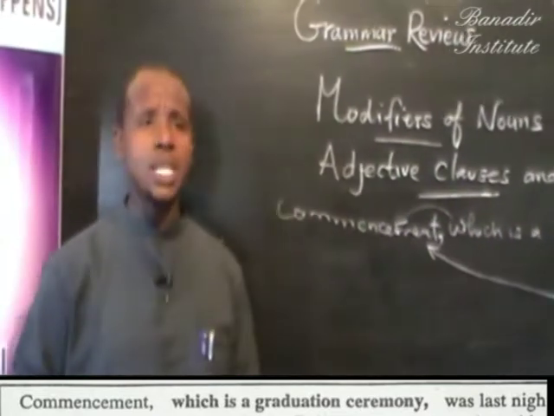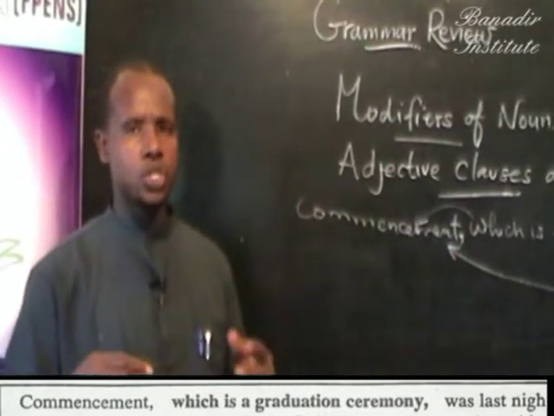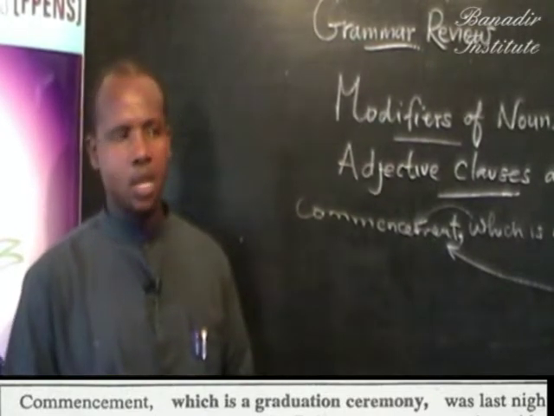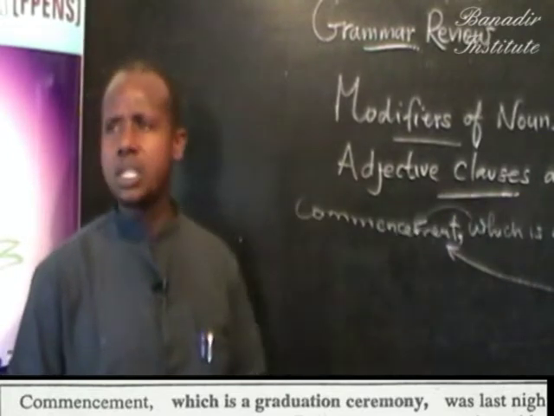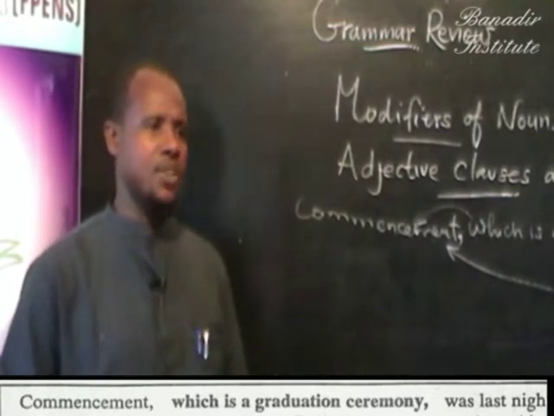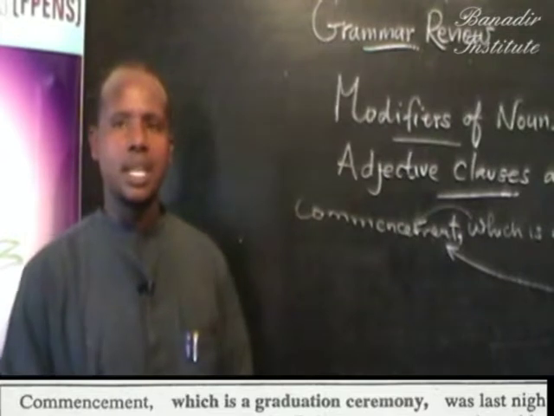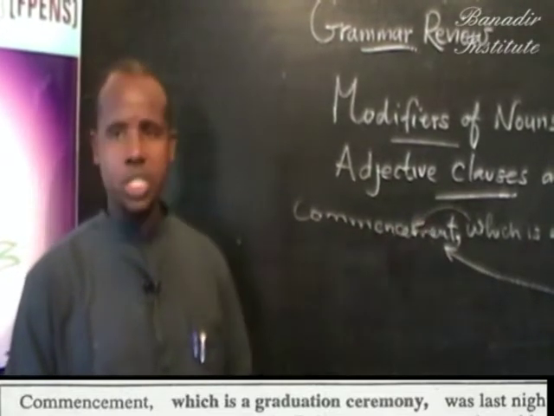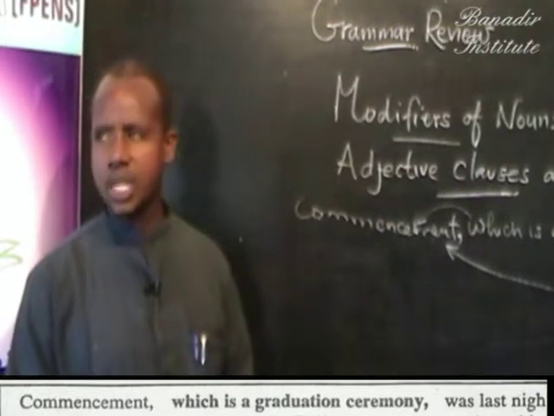Commencement: when we want to start something, we are commencing; commence means to start, to begin. Commencement was last night. What kind of thing that we want to begin? A graduation ceremony.